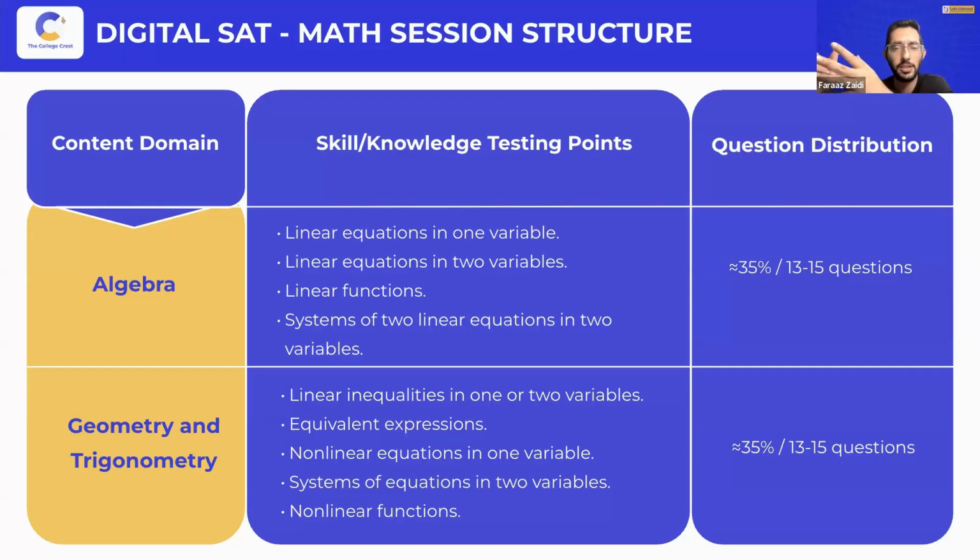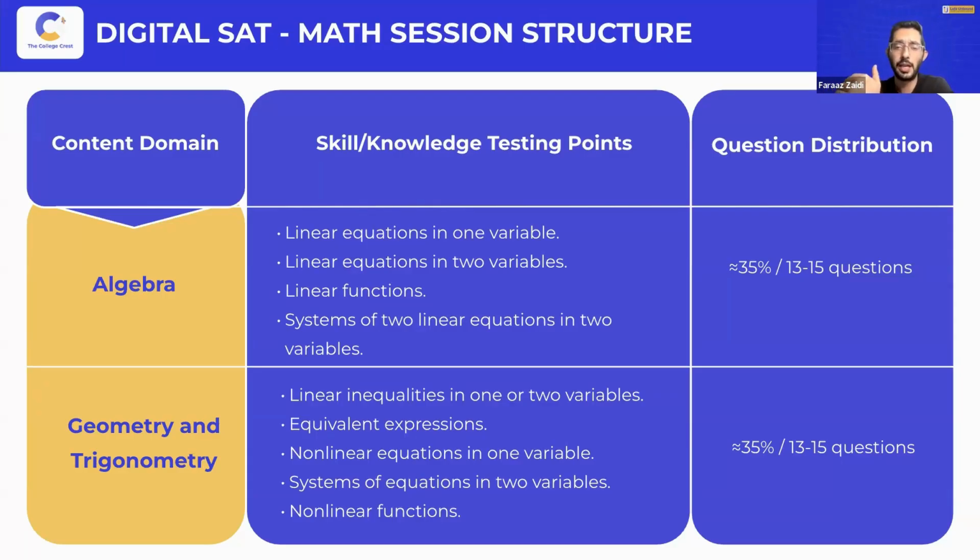It will have linear equations, linear functions, systems of two linear equations. All of these topics are extremely important, and this really does make up a third of your total questions. So mastering your linear equations and functions is essential for a good SAT score.